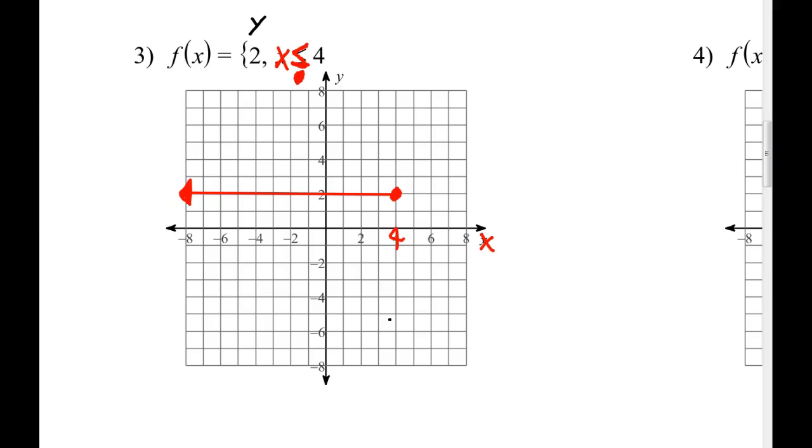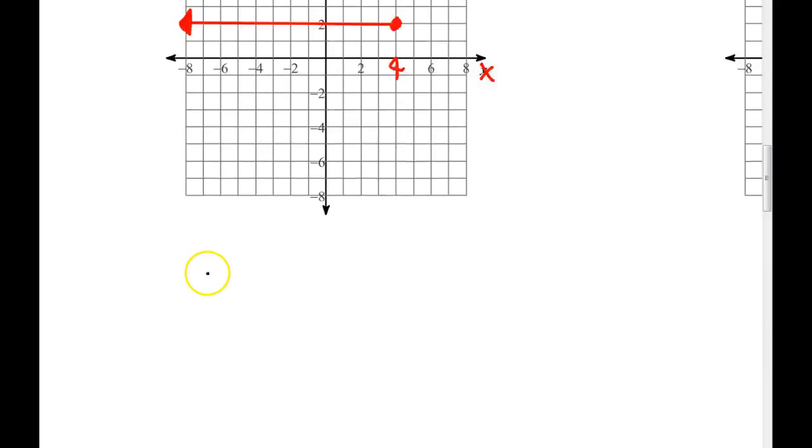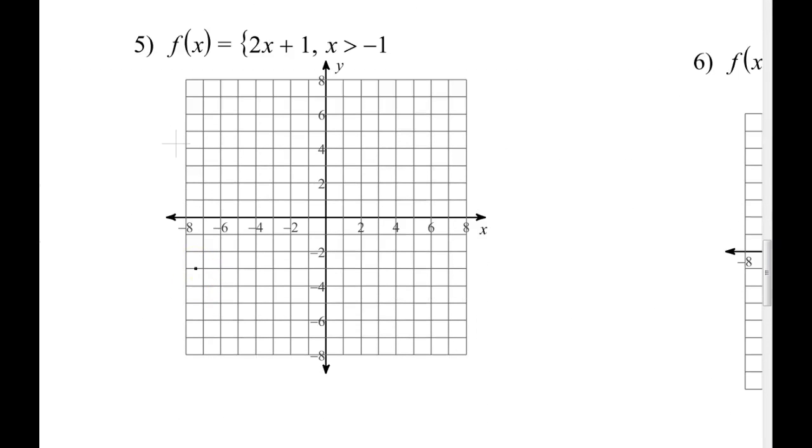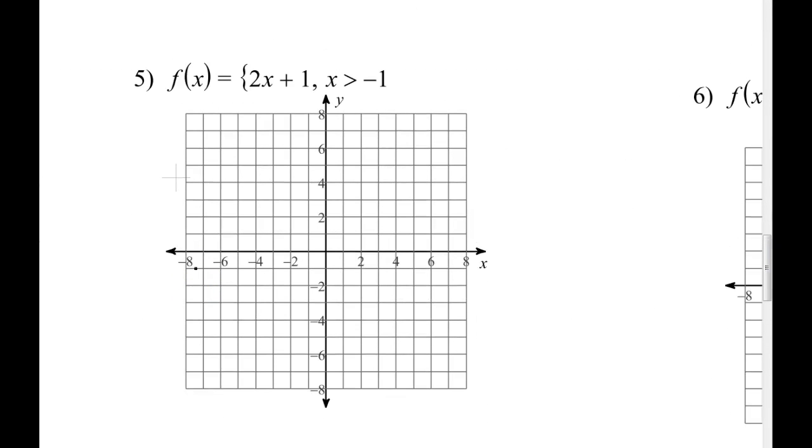Right, and then at the end yesterday, we threw in some slopes and things like that. So like number 5, you flip it over. So you have to recall that, well, 2x plus 1, how do you graph that?